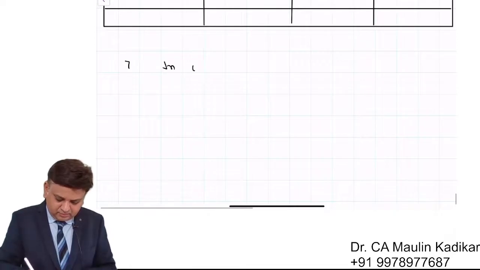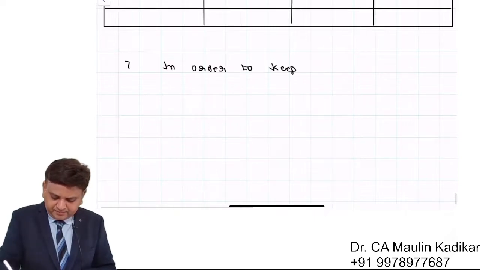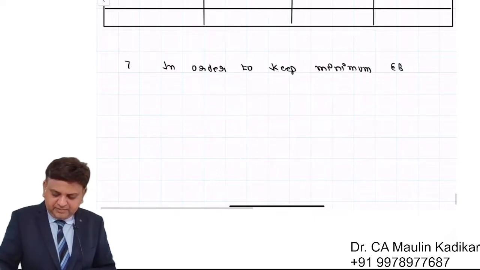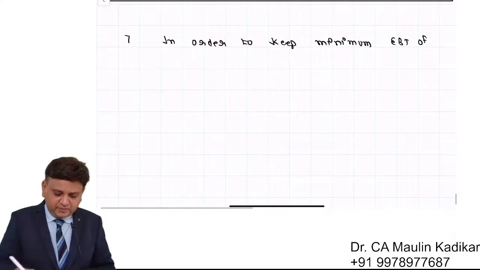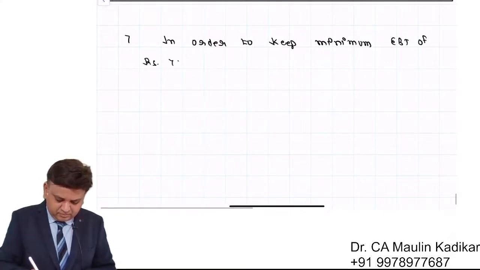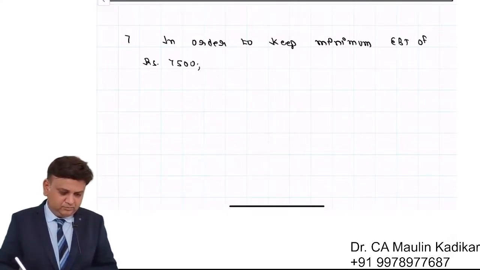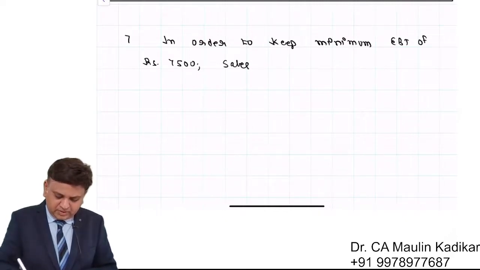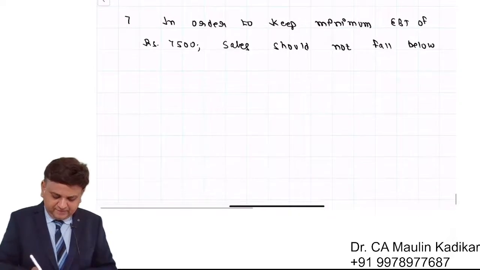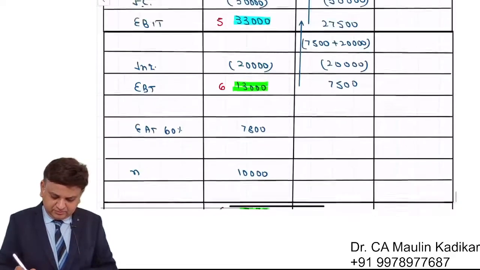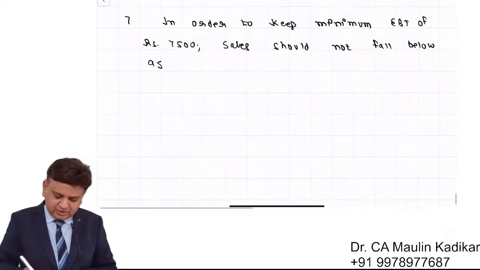In order to keep a minimum EBT of rupees 7,500, sales should not fall below 95,833.